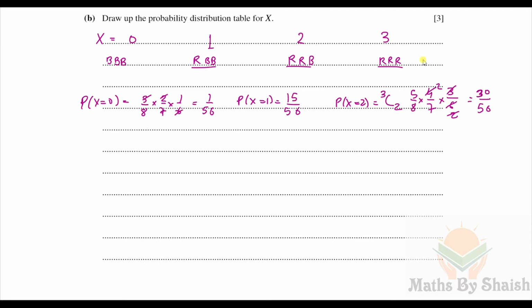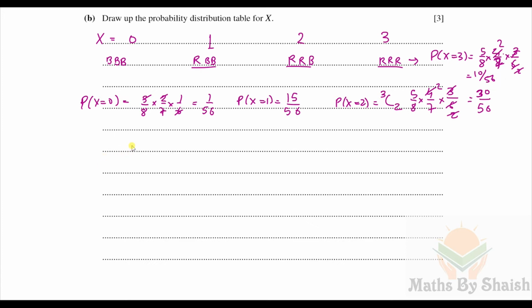And the last one, when it is all 3, so all red, probability of X equal to 3 would be 3C3, which is 1, and then 5 over 8, then 4 over 7, and then last one is 3 over 6. 3 2s are here, 2 2s are, so it becomes 10 over 56.